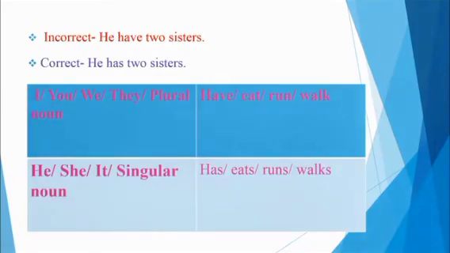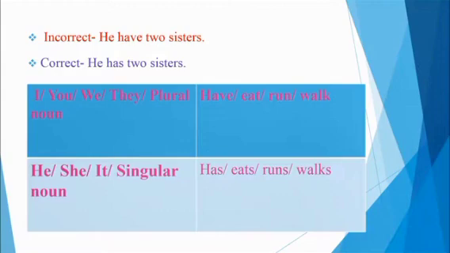Now look at the first sentence. He have two sisters. Is that a correct sentence? No. The correct sentence is he has two sisters. The rule is that if the subject is I, you, we, they or any other plural noun, then we use the verb in its present tense form and we don't add s to the verb.